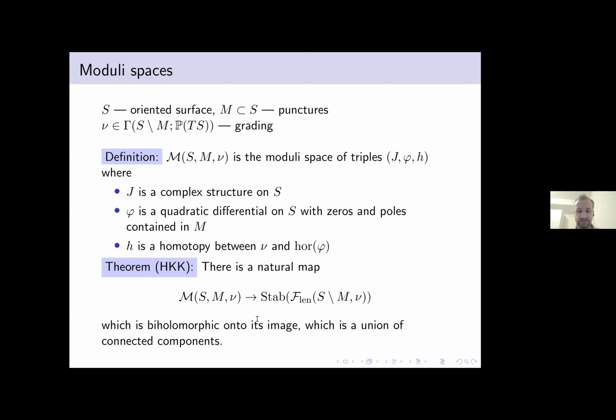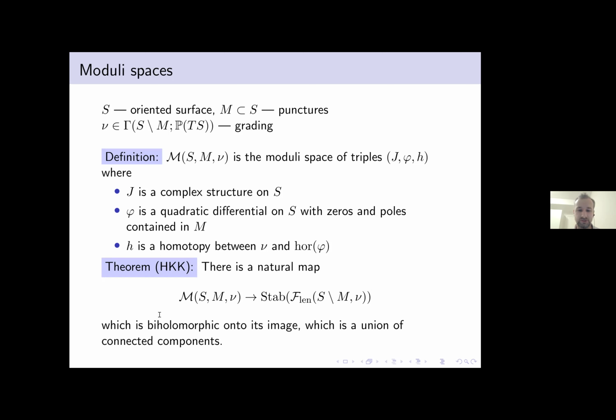Yeah, and then what we prove is, this previous result gives us a natural map from this moduli space of flat surfaces to the space of stability conditions on this Fukaya category. And basically we almost know that this is an isomorphism of moduli spaces, except that there could be some additional components of this space of stability conditions which are not in the image of this map.